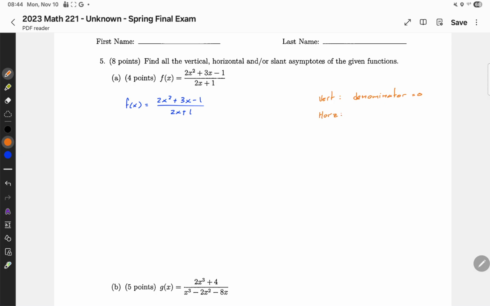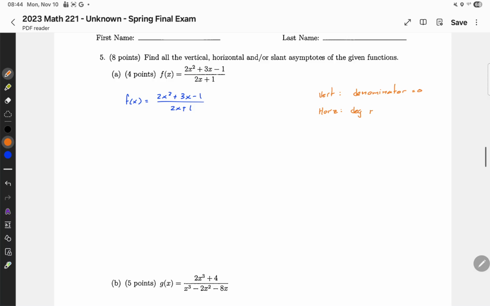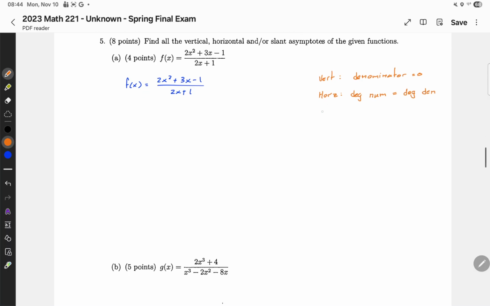That's going to happen when the degree, which is the highest power, of the numerator, which would be 2 up here, is equal to the degree of the denominator. And lastly, we have slant asymptotes. Those are going to occur when the degree of the numerator is equal to the degree of the denominator plus 1.